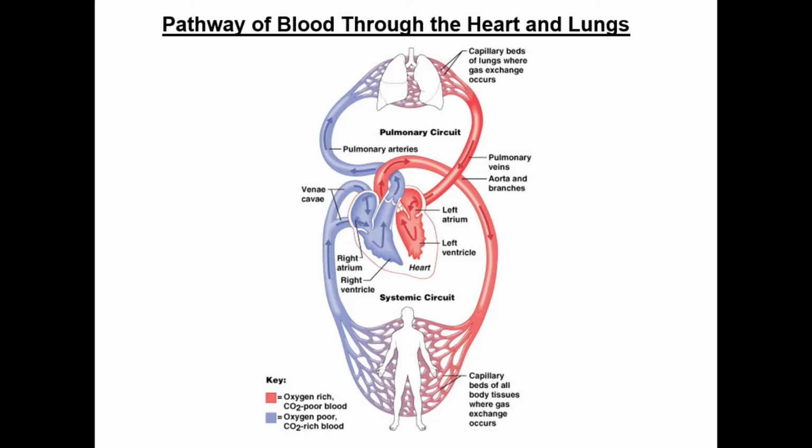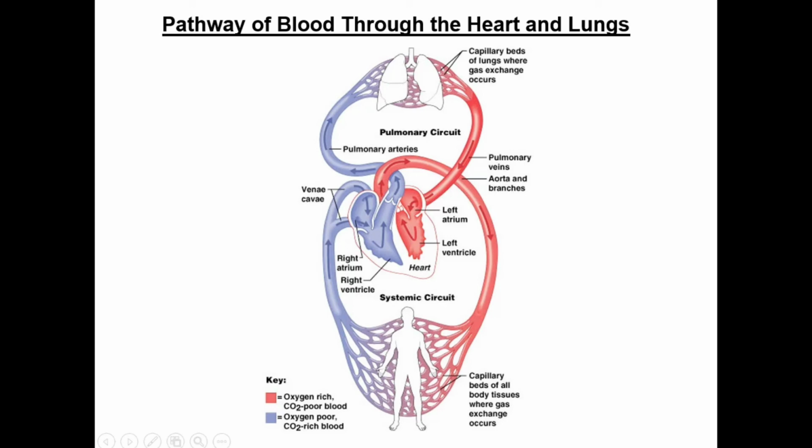The pulmonary semilunar valve is there. Then the pulmonary arteries go towards the lungs. You can see here, these are the pulmonary arteries. They are carrying the deoxygenated blood towards the lungs, and from the lungs, the pulmonary veins carry the oxygenated blood towards the left atrium.